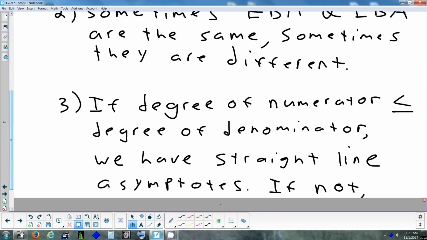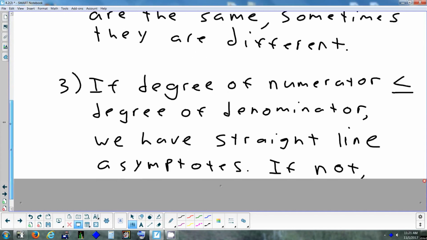Well, if that's not true, if the degree in the numerator is larger, you might still have vertical. That all depends on if the denominator can equal 0. But when the degree at the top is larger, you don't have horizontal anymore.